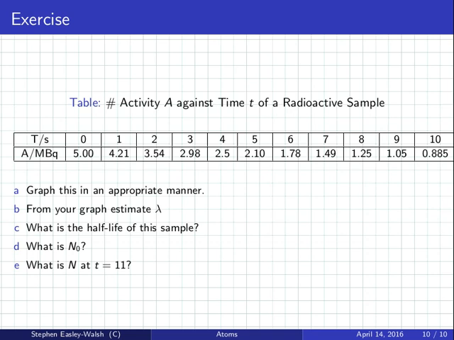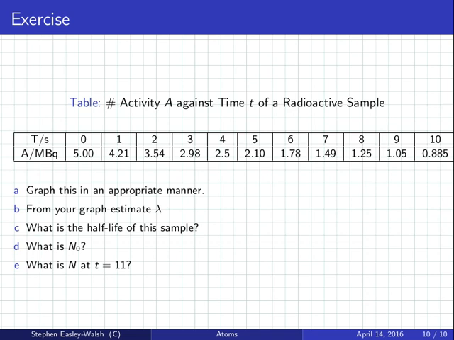And lastly, the n when t is 11, so then we just use the formula n equals n0 e to the minus lambda t. For D, also that same equation? For D, we use n equals n0 e to the minus lambda t.